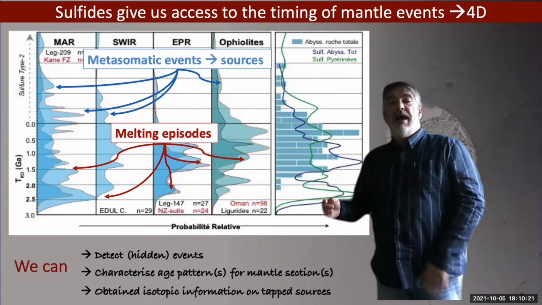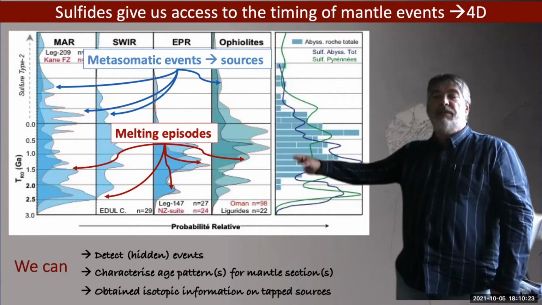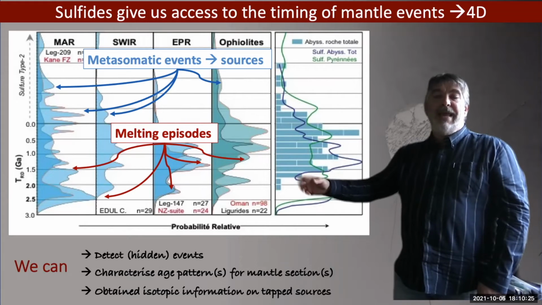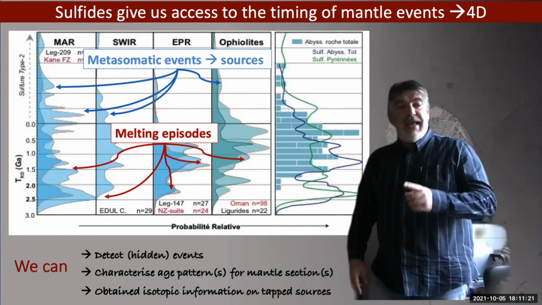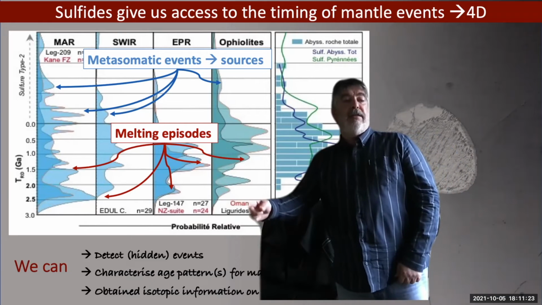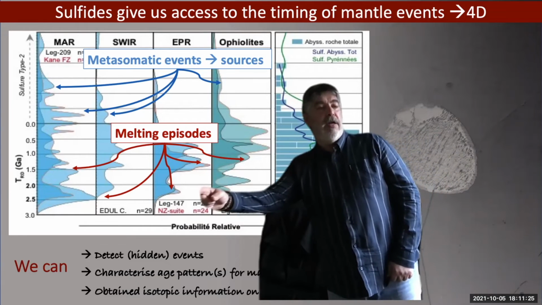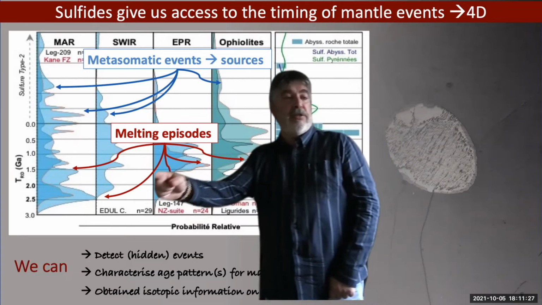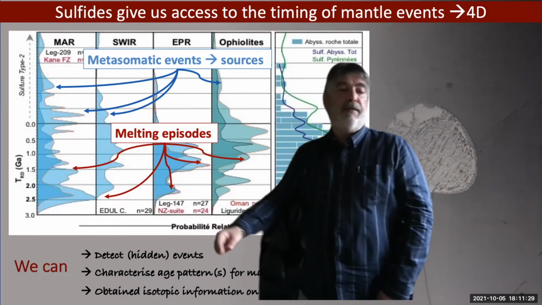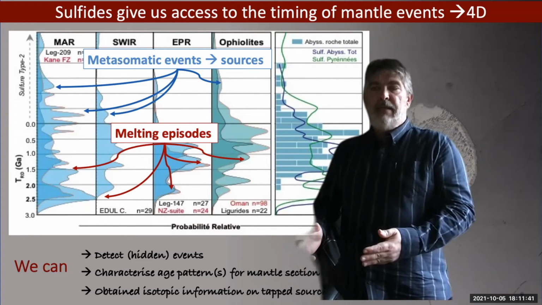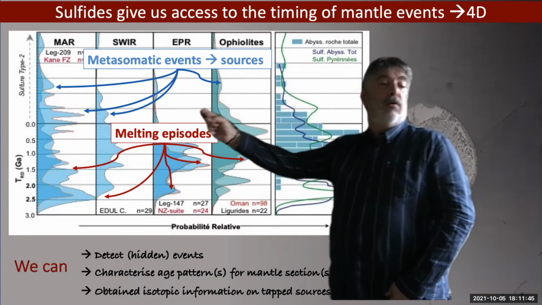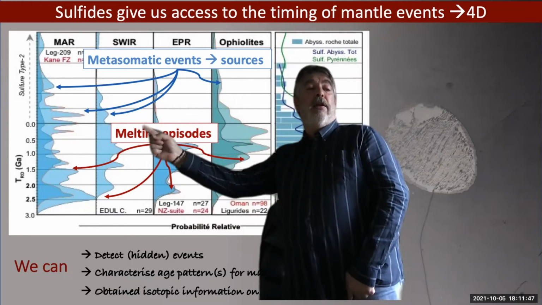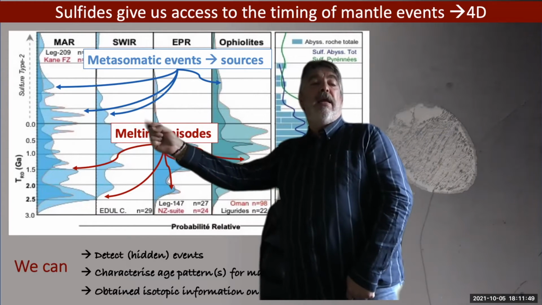Indeed, as done for zircon, it is possible to construct a mantle age sequence using sulfide and to recognize differences or similarities between the age patterns that you may obtain for each of these sections. But also, you can pick up the various metasomatic sources that you record in your sulfide populations.